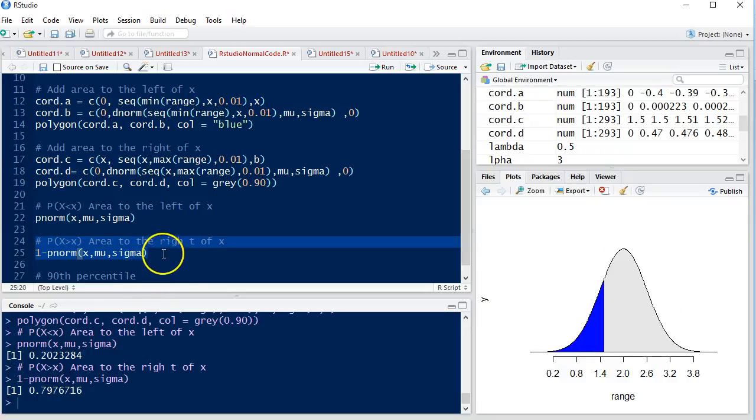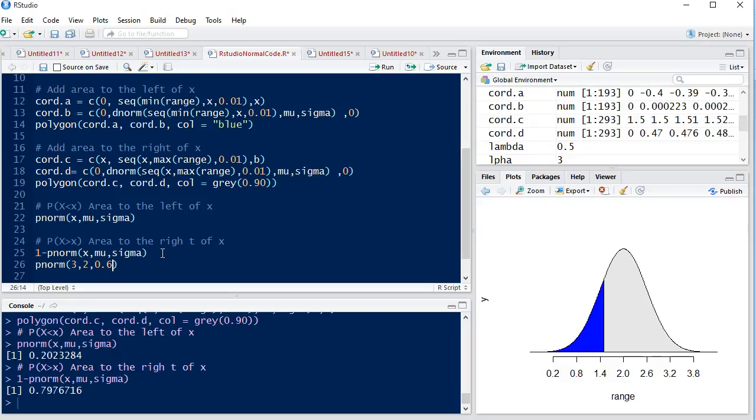Now, and I'm going to kind of go off the script here, if I wanted to find the area between two particular values, let's say I wanted to know the area between 3 and 1.5. How would I find that? Well, I want to always use my upper bound first, so pnorm, and 3 is going to be my x value. Again, my mean is equal to 2. Now I could just put in mu here, but I'm going to be more specific and just say 2.